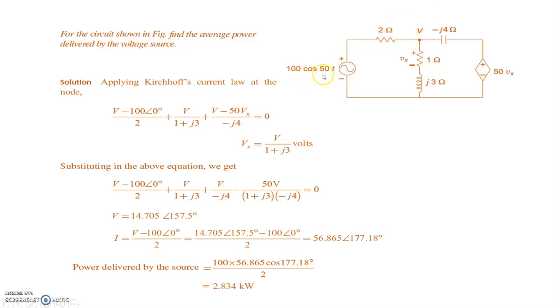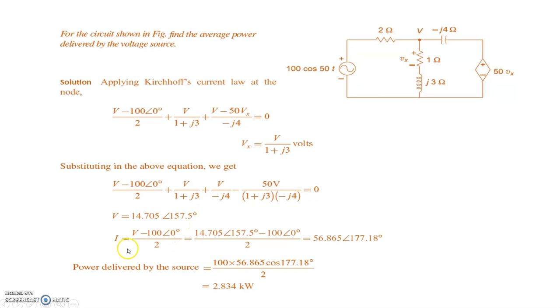Remember, Vs and V bar are phasor values, and the power delivered by the source can be obtained. Like this, you can practice many problems to get an idea of the solution of single phase AC circuits. Thank you.